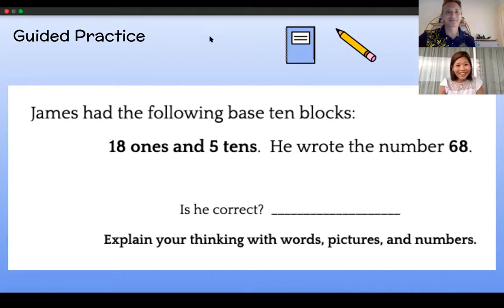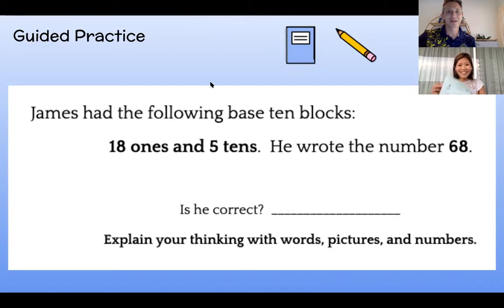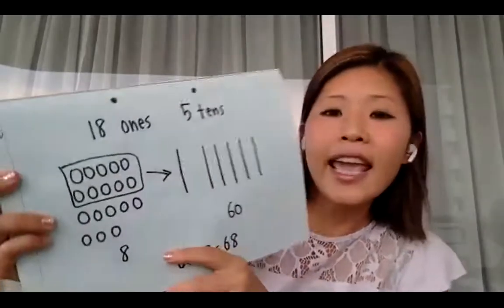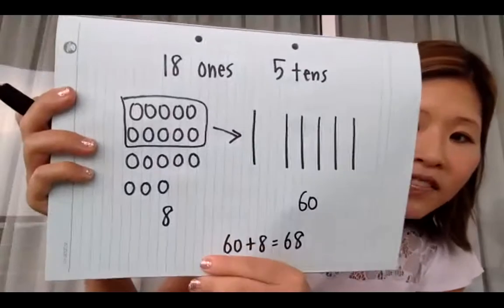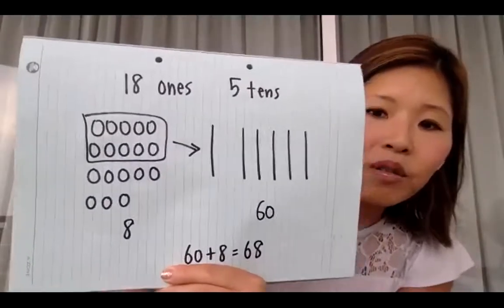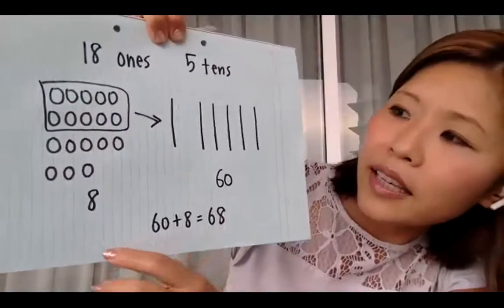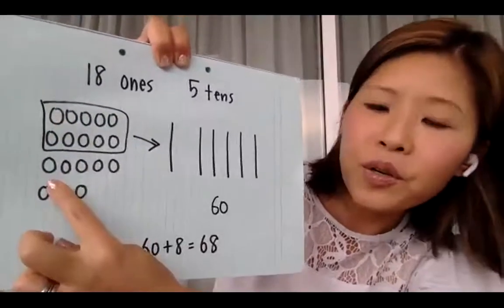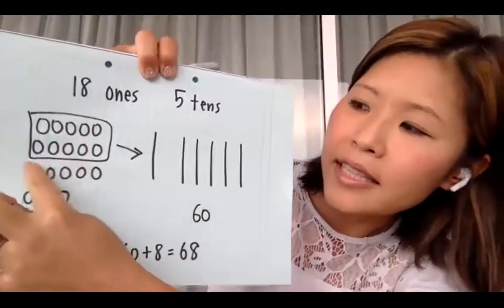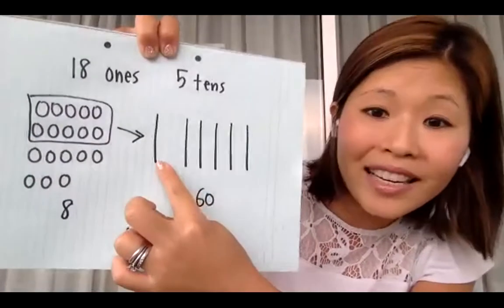Are you ready? All right, Mr. Regan. Okay, here we go. Let's look. This is what I did. It says 18 ones and 5 tens. So I drew my 18 ones here, but I knew that 10 ones make 1 ten.